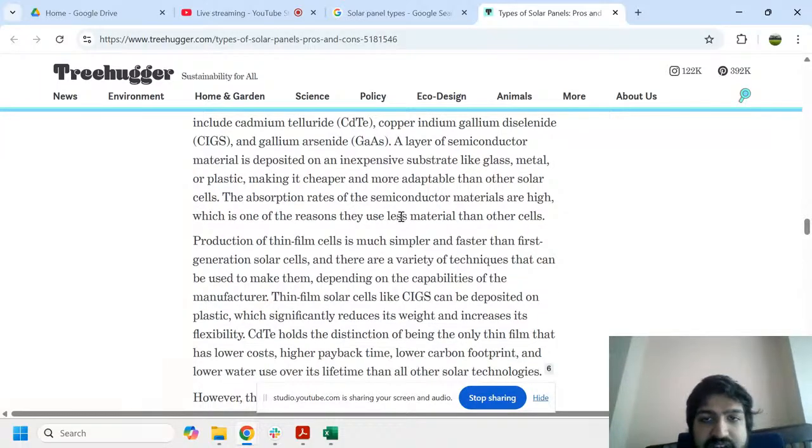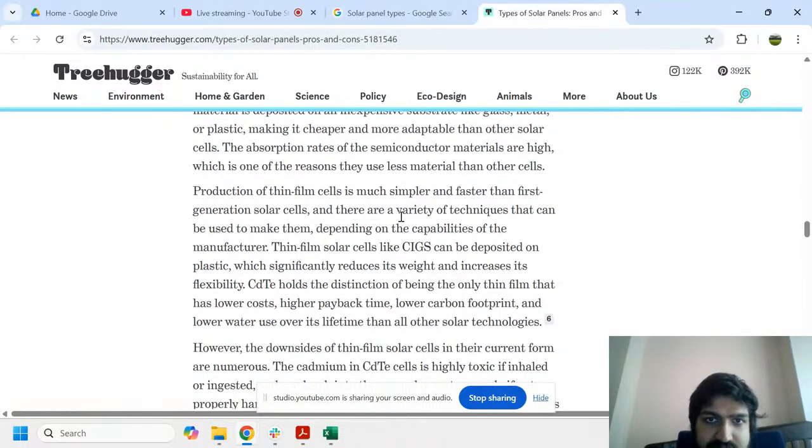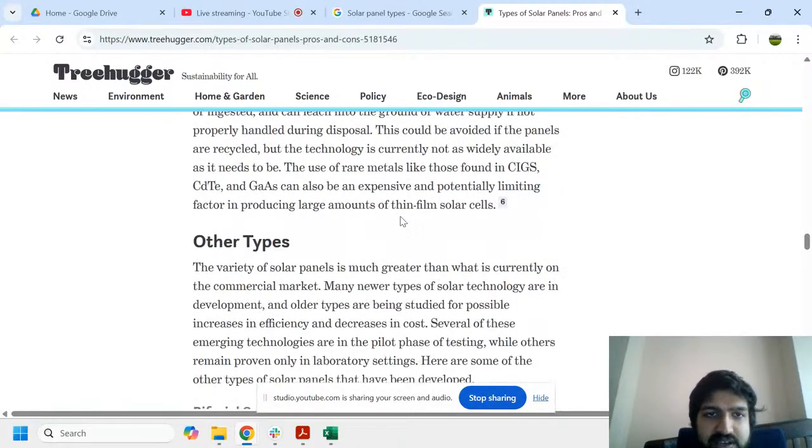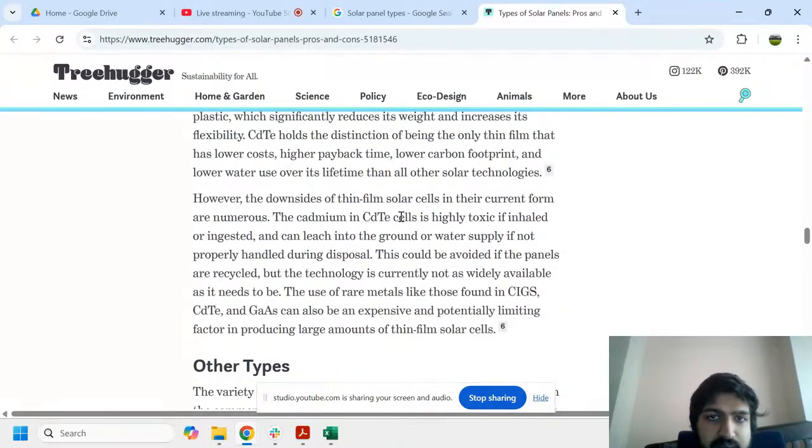Production of thin film cells is much simpler and faster than first generation solar cells. Thin film solar cells like CIGS can be deposited on plastic, which significantly reduces weight and increases flexibility, thereby reducing the payback time.